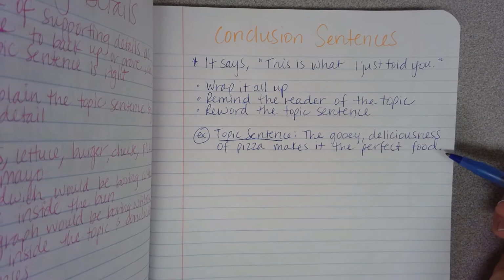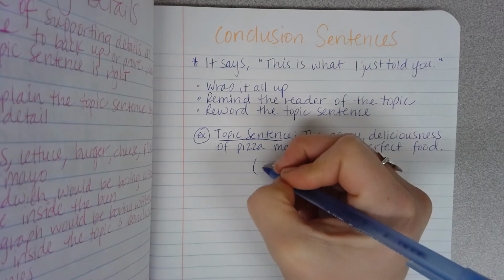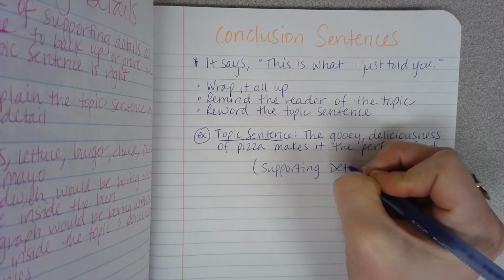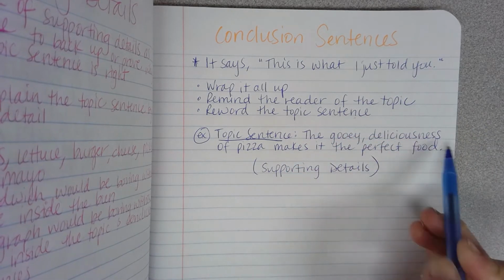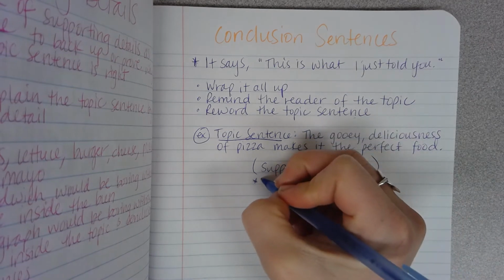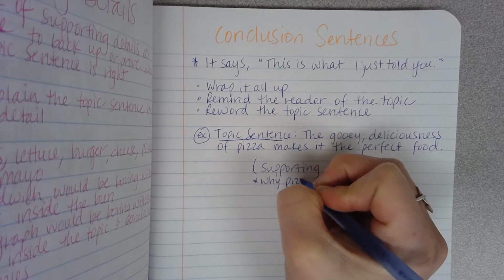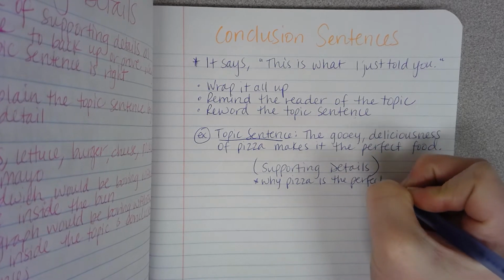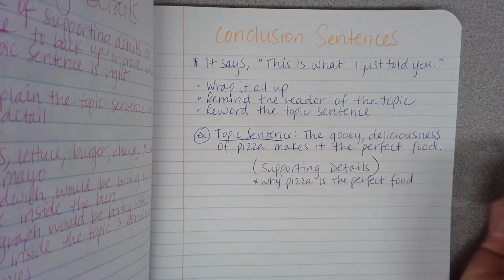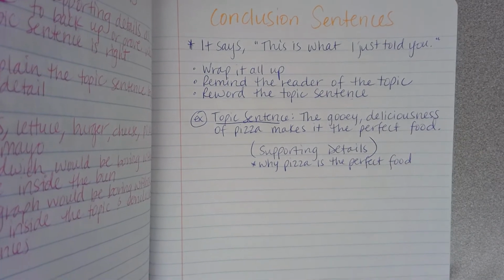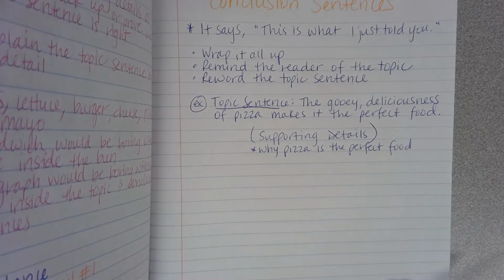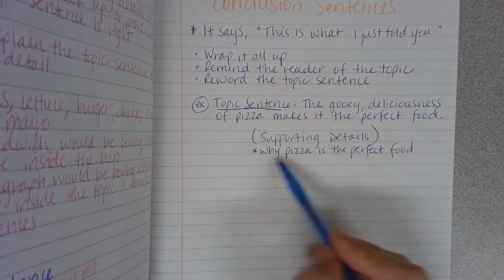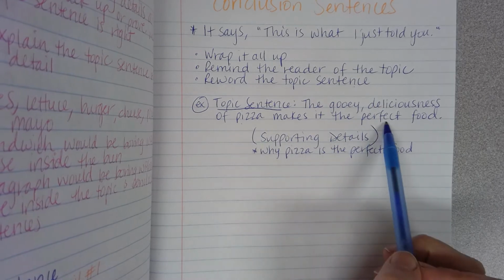Throughout the paragraph, I have my supporting details, and they're probably explaining why pizza is the perfect food. So it's probably giving specific examples, maybe different kinds of pizza, or saying there's so many different ways you can have pizza, and that's why it is the perfect food. So the middle would kind of be proving that pizza makes the perfect food.